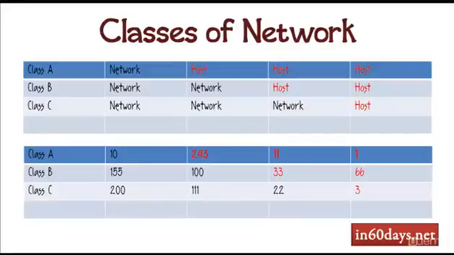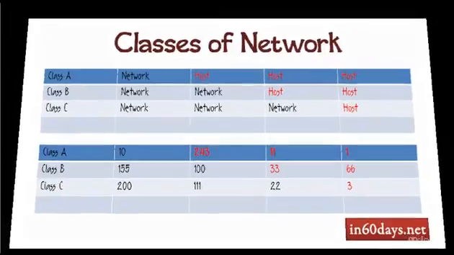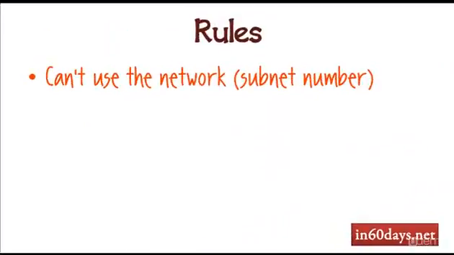So examples of addresses: for Class A, 10 would be the network address, and then 243.11.1 is your host. And going down to Class C, 200.111.22 is your network, and .3 is your host on that network. Basic rules for subnetting and IP addressing: you can't use the network number.